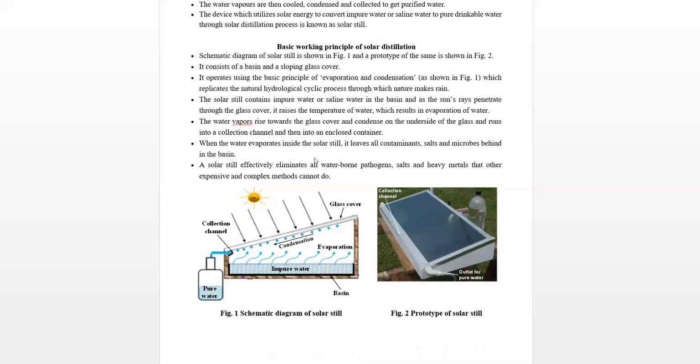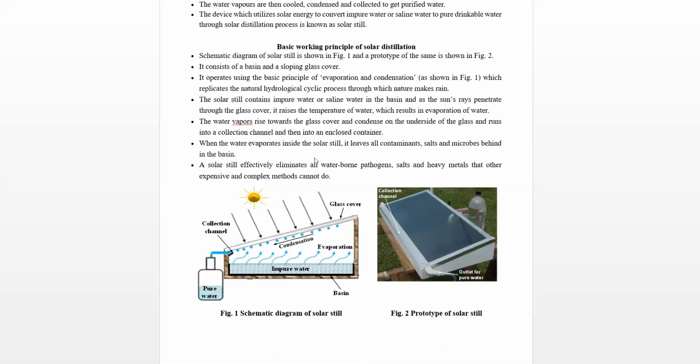All of us know that as you move upward toward the sky, the temperature goes down. So as the water reaches high up in the sky, it gets condensed because of the low temperature there, and as this condensed water gets heavier, it comes down through rain to the earth.